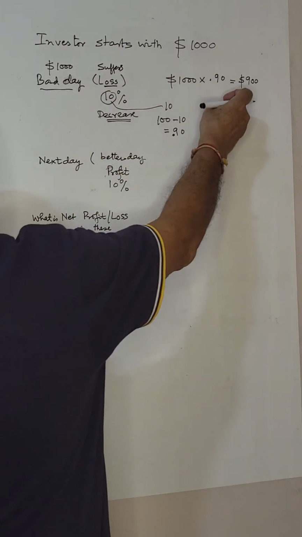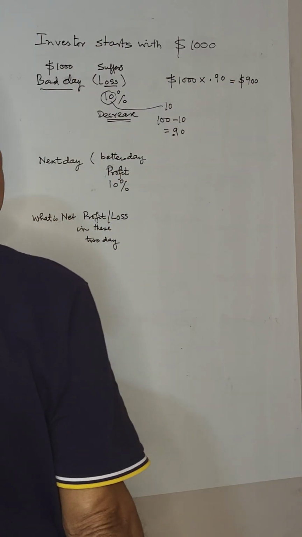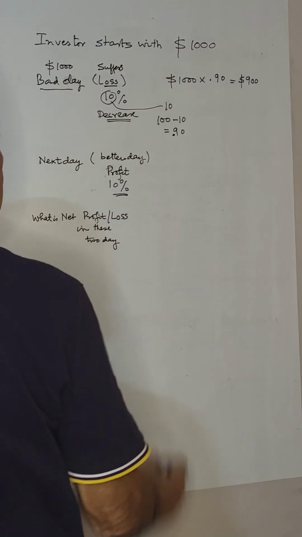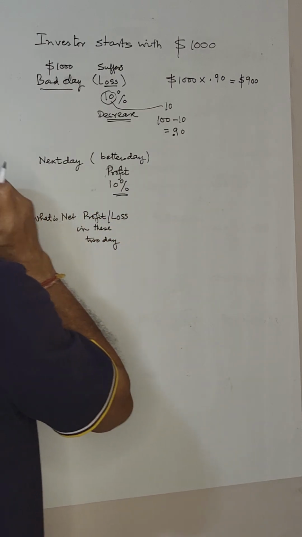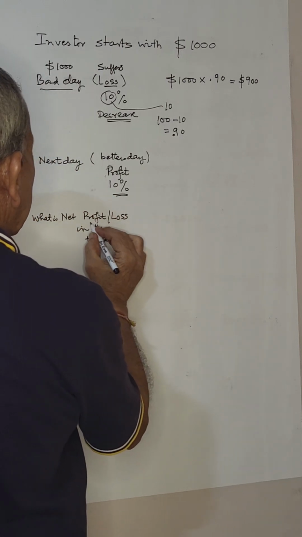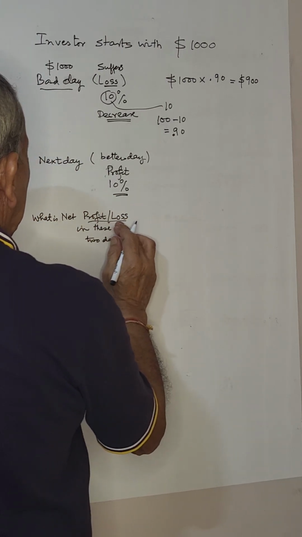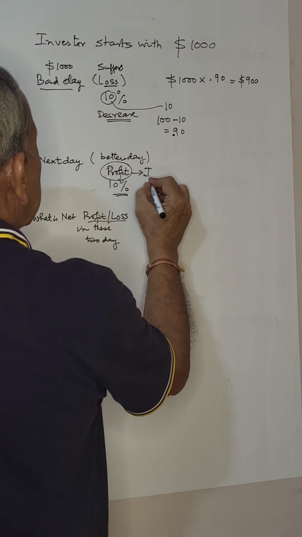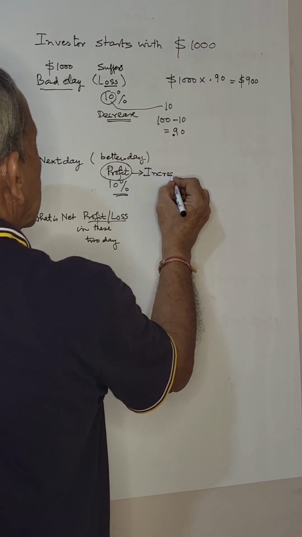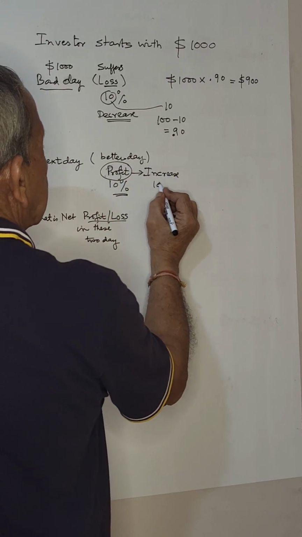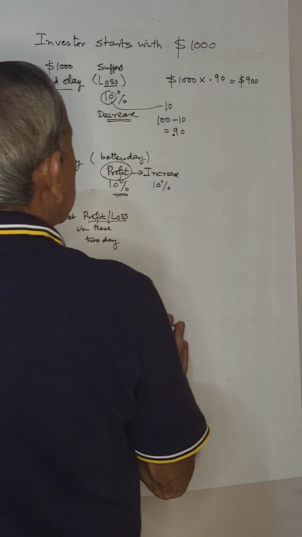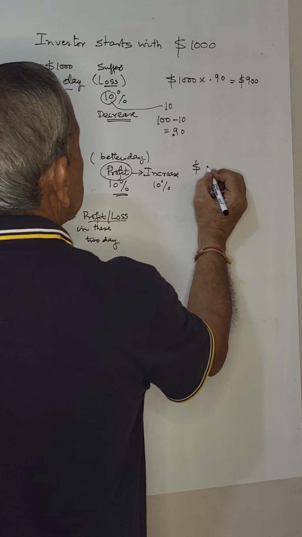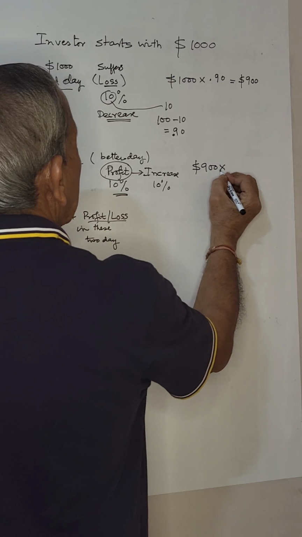We invest this amount again. Next day, it was a better day. There is a profit, and as there is profit, it means an increase by 10%. As there is an increase, you will multiply this $900 by 1 point.